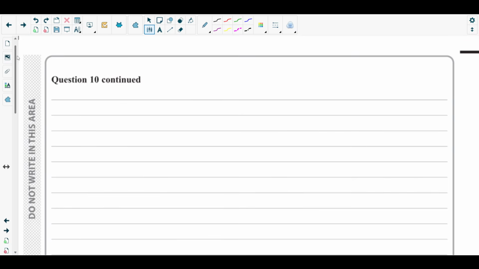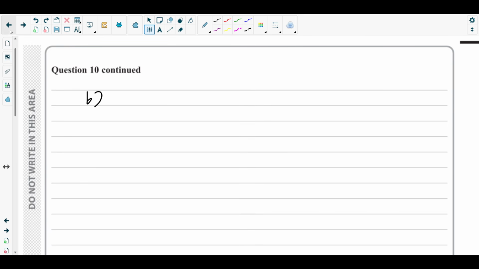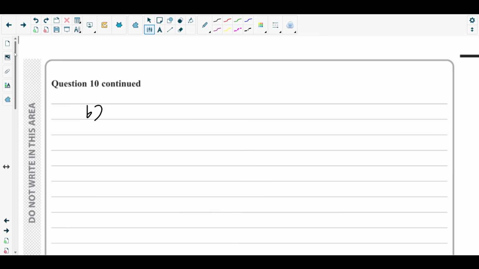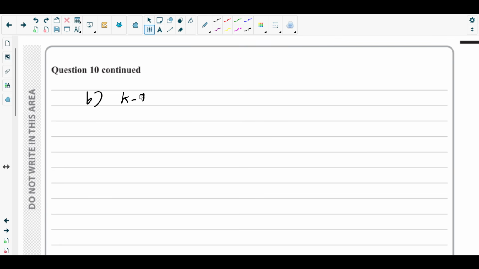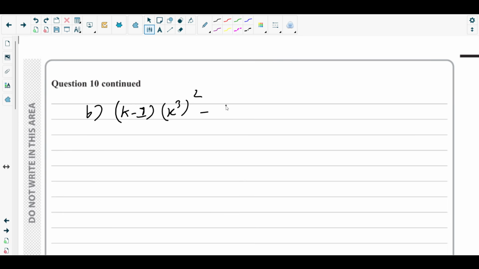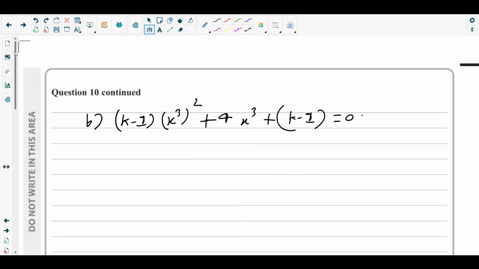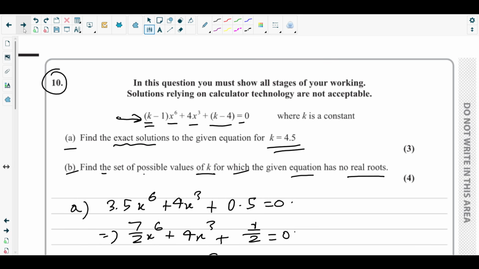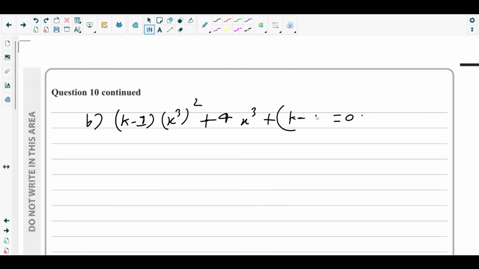For part B, we can write the equation like k minus 1 times x to the power 6, and in place of x to the power 6 we can write x cubed whole squared, plus 4x cubed plus k minus 4 equals 0.